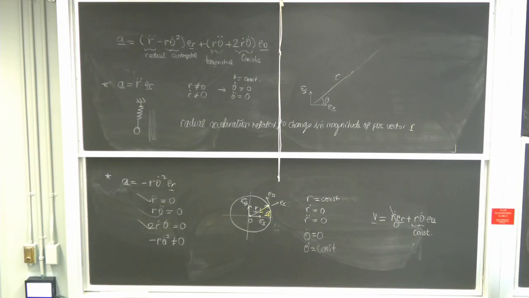Let us see. So I'll need r double dot to be 0. I'll need r theta dot squared to be 0. And I'll need 2 r dot theta dot to be 0. I'm not sure if that's going to be possible. Because, let us see, this means that r dot is equal to a constant, but theta dot needs to not be equal to 0. That's not going to work out. I think at least we're going to have the minus r theta dot squared er term.